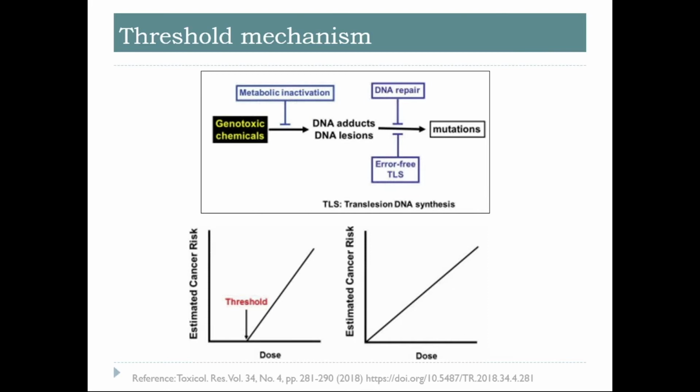DNA repair mechanisms also contribute to suppressing these toxic effects. Many of these effects, in addition to several others, can contribute to the threshold mechanism. For any compound showing a threshold mechanism, the PDE is appropriate with the relevant no observed adverse effect level or no observed effect level. For any compound having no threshold, either TTC or AI is appropriate.